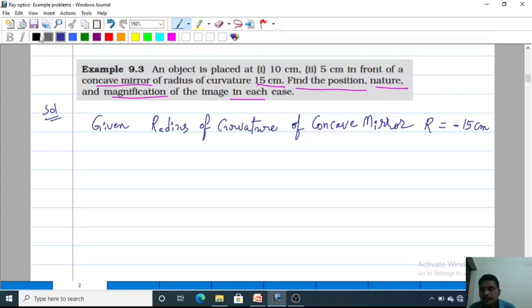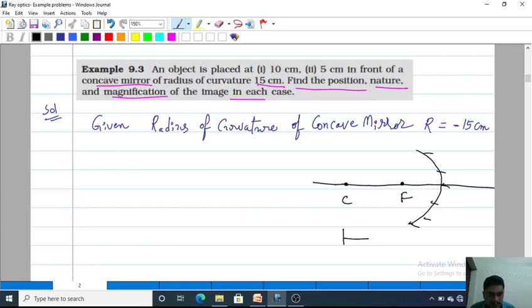Okay, now I'll draw the concave mirror here, and this is the mirror. Okay, and I'll represent the principal axis. This is the principal axis, and let this be the focus, let this be the center of curvature, and this is the radius of curvature 15 centimeter measured from the pole. This is the pole.